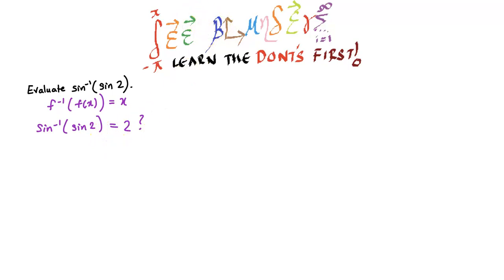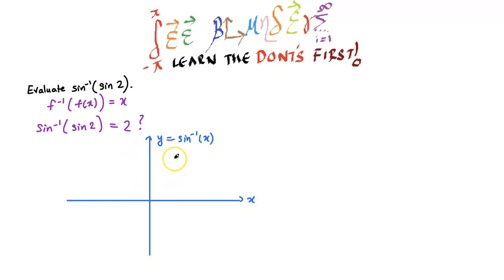So assuming you have paused and thought about it, let's look at the graph of sine inverse of x, and I think that will help us understand what is going on here. Right, so here I'm graphing sine inverse of x. The domain of sine inverse of x has to be between -1 and 1.